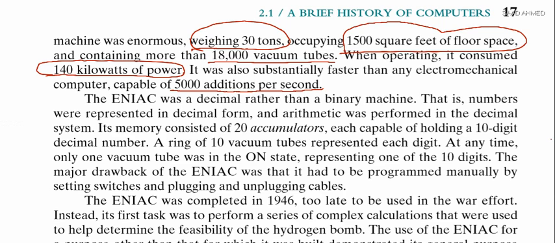So this was the first thing. One important aspect was that it was a 10 digit decimal system. Today the computers we are using are based on the binary number system, but ENIAC was based on the decimal number system.